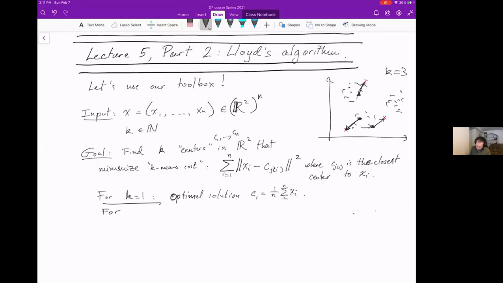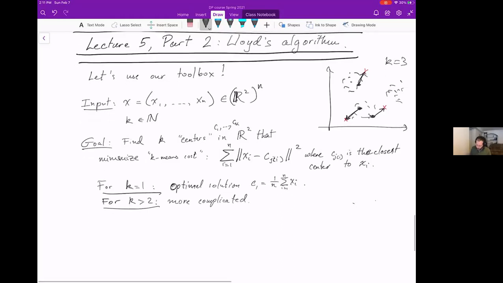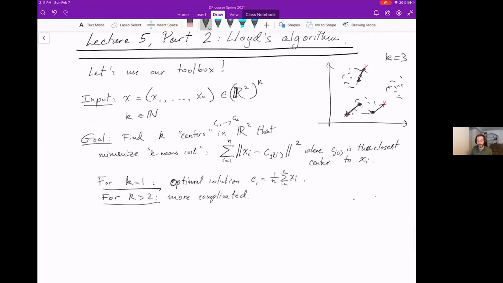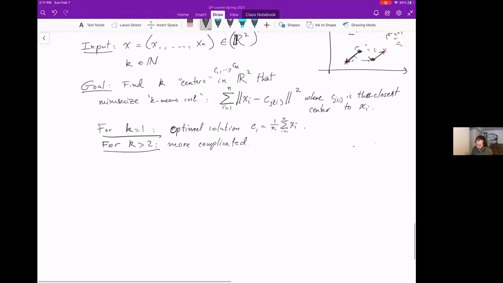But for k greater or equal to 2, it's more complicated, and in general it's NP hard to solve exactly, though there are very good approximation algorithms. Unfortunately, most of the approximation algorithms that have really good approximation guarantees are complicated, and in practice, people tend to use a set of heuristics, one of which is called Lloyd's algorithm, and that's what I'll describe.